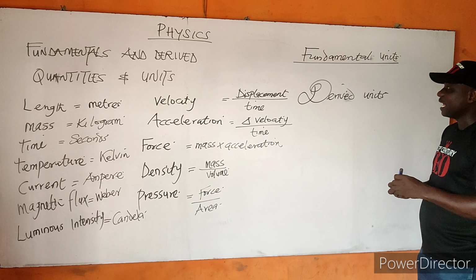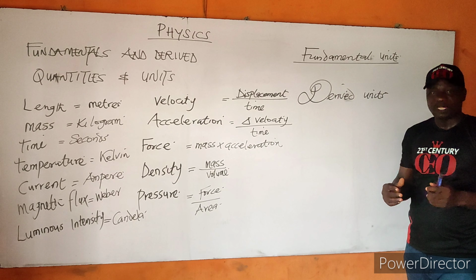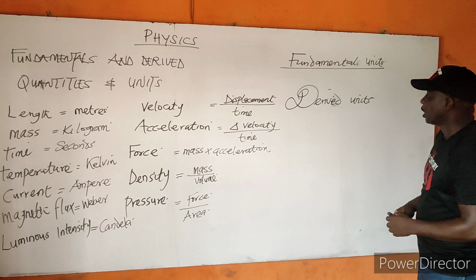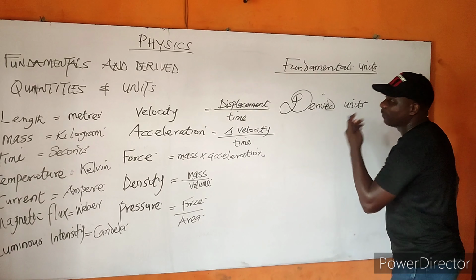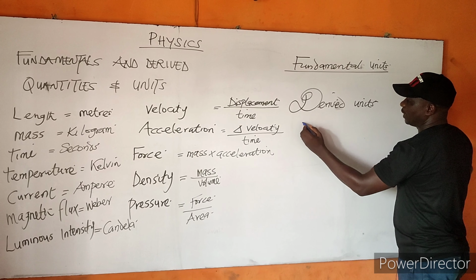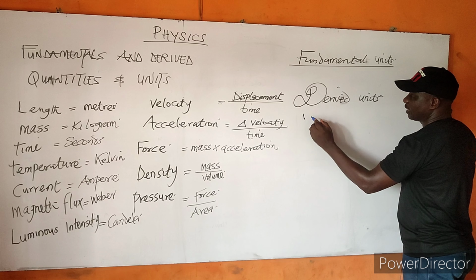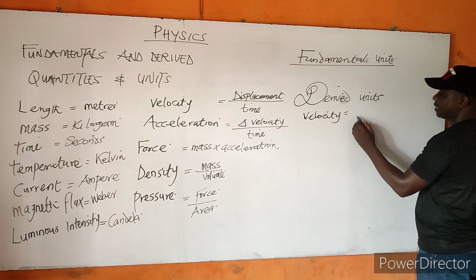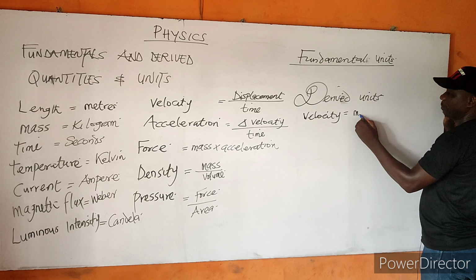Derived units are the units that are obtained as a result of the combination of one or more quantities. Now we talk of velocity. Velocity has meter per second.